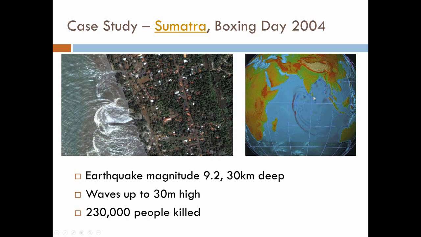Bangladesh absolutely got ruined by this one. I think 200,000 people died in Bangladesh as a result. Often really poor people. And some of them would have died following because all the water comes in. You don't have natural water, you've got mosquitoes, you've got disease spreading, all of those sorts of things. The waves are up to 30 meters high. Isn't that insane? What are you going to do in those circumstances? Seriously.